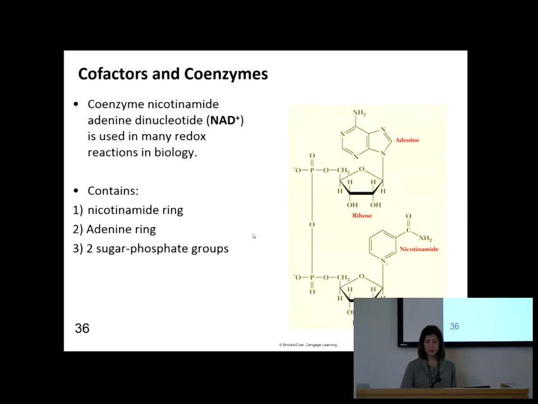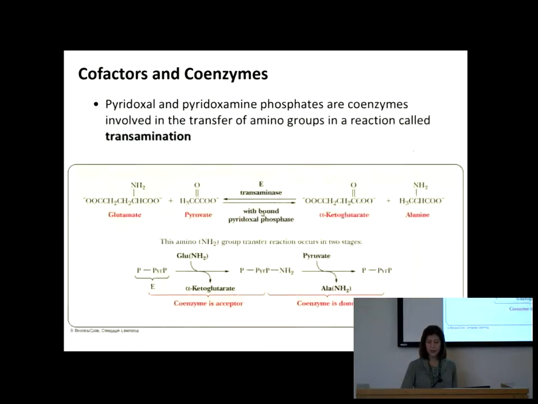So I would focus on this NAD rather than this last one, but it's fun to show. So here, the polypeptide chain is E-transaminase. So that's the enzyme. And then this peroxyl phosphate is the coenzyme. So that's what's being bound to this enzyme to make it active.